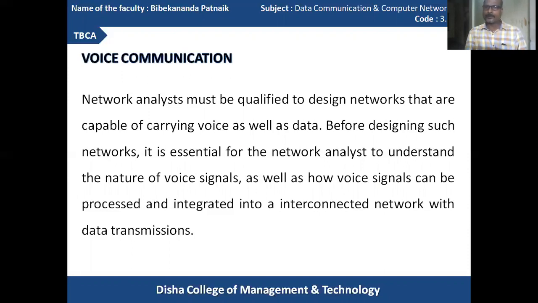In the previous sections, we learned about different communication mediums and data transmission, like how the data is transferred from one system to another system over a medium in the network. So, most network designers or analysts design networks on the basis of different signals.